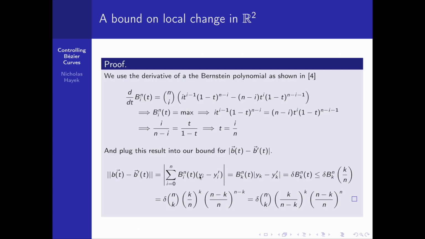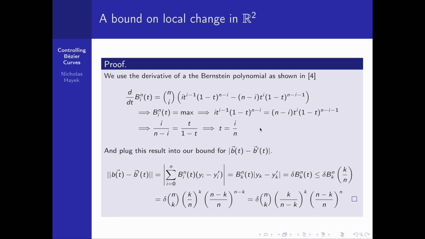We use a form of a derivative that was shown in a paper by Joy, and you might notice that these are actually Bernstein polynomials themselves, and that'll be useful in the future. But right here we have the discrete written out form, and so we maximize that. And that maximum occurs at i over n.